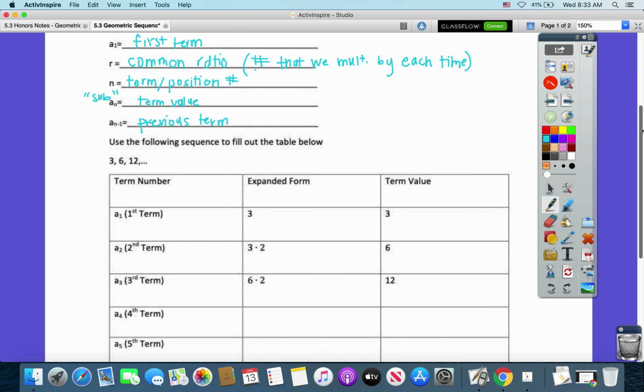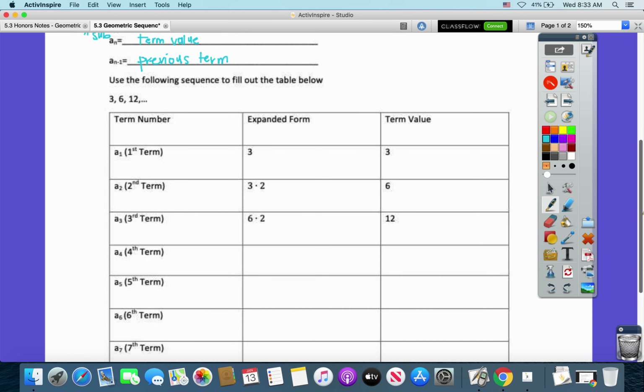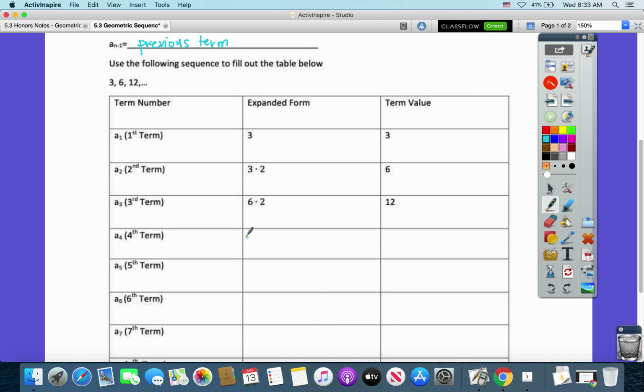So looking at this example, we have the sequence 3, 6, 12, and then it continues from there. So our first term is 3. Then to get the next term, the pattern is 3 times 2 to get 6, then 6 times 2 to get 12, and we can see that the next term would be 12 times 2 to get 24, and then 24 times 2 to get 48.